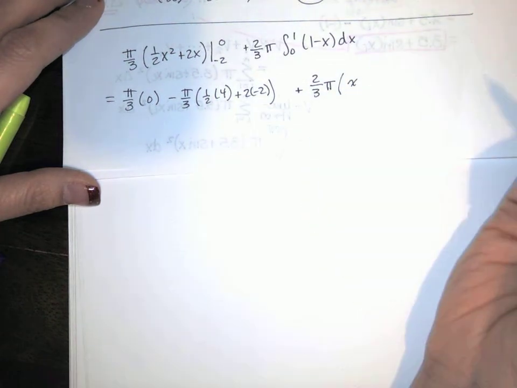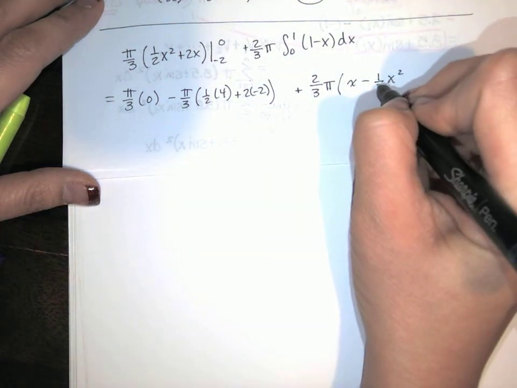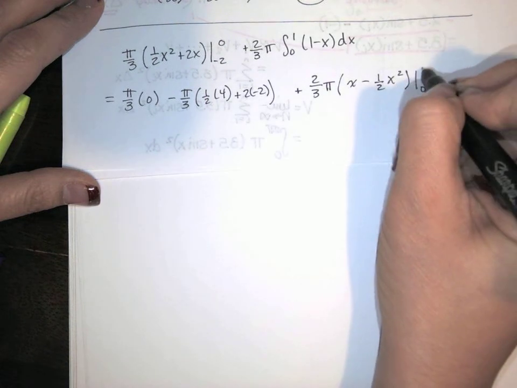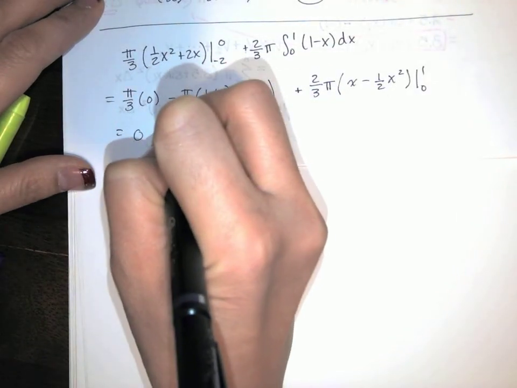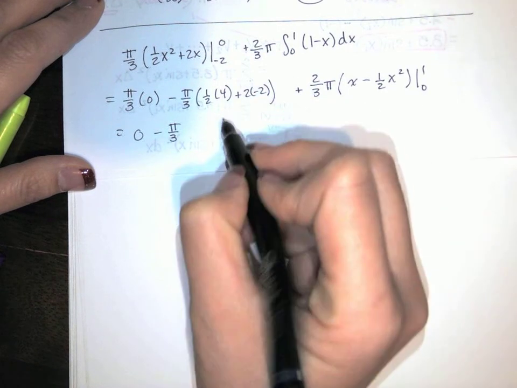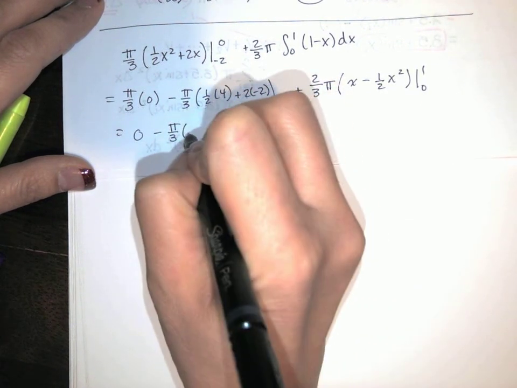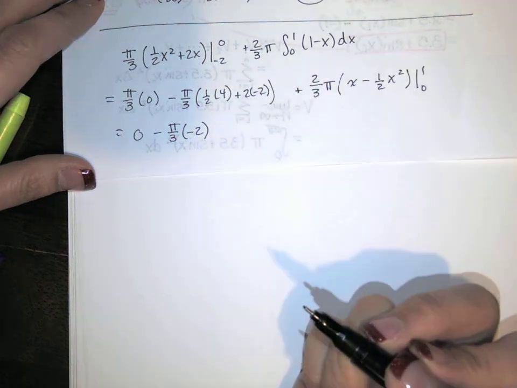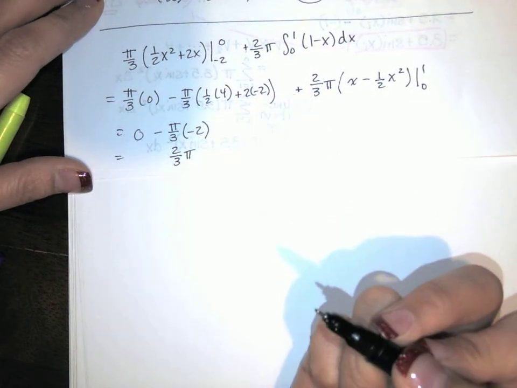Antiderivative of 1 is x. Antiderivative of x, add 1 to the exponent, divide by the new exponent, plug in 0, plug in 1, and subtract. So I've got 0 minus pi over 3 times 2 minus 4. 2 minus 4 is -2. So I get 2/3 of pi for this part.